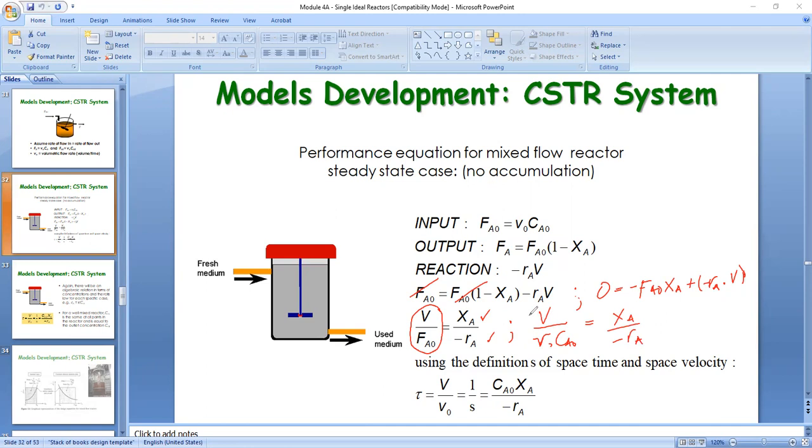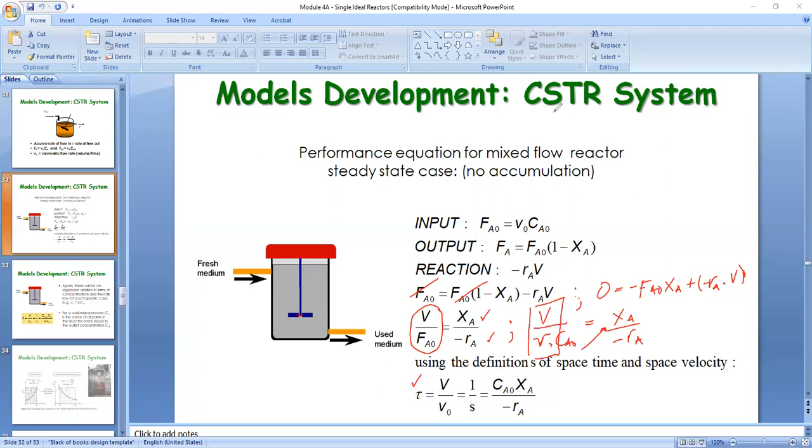Now this V over small v sub O is the tau, and that has a unit of 1 over s, the reciprocal of the space velocity. So that's equal to, you cross multiply on the other side, CAO XA divided by the rate. That is now your tau.